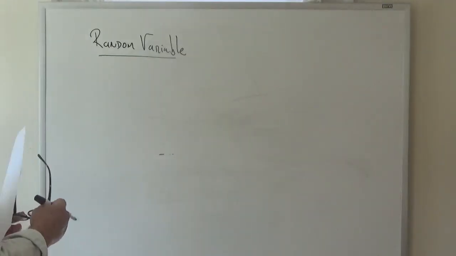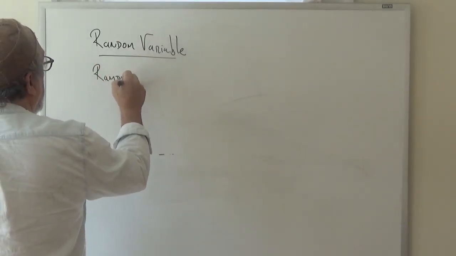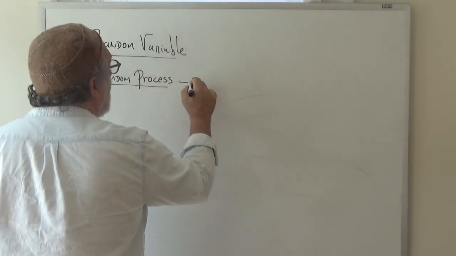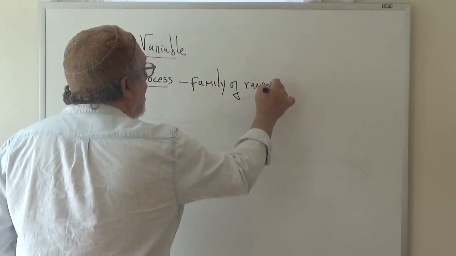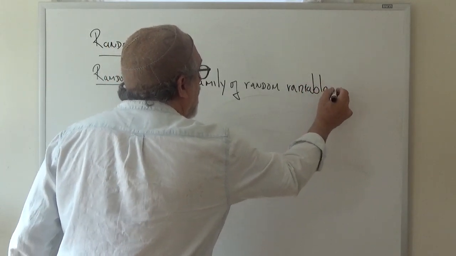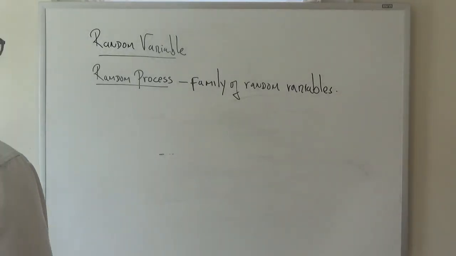Now, a random process is a family of random variables. Okay? A random process is basically a family of random variables. We could say that the generation of earthquakes in California is a random process, right?